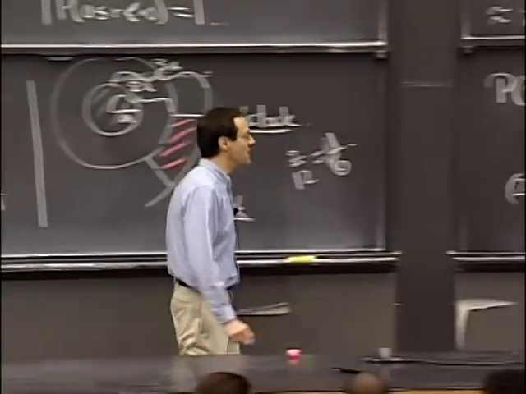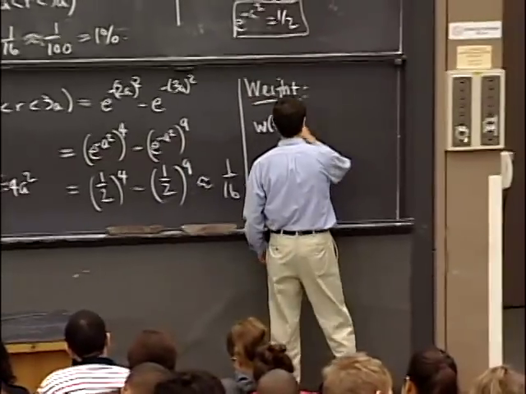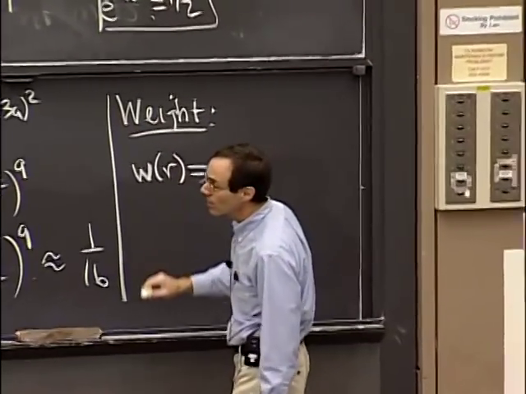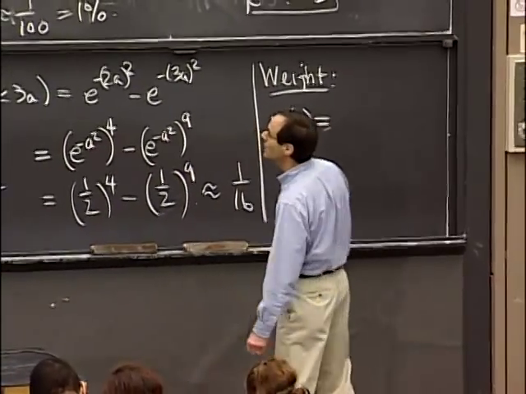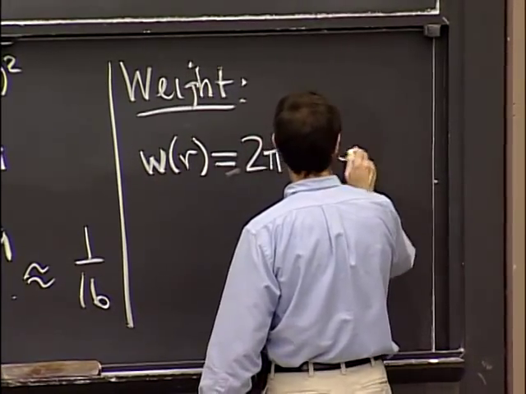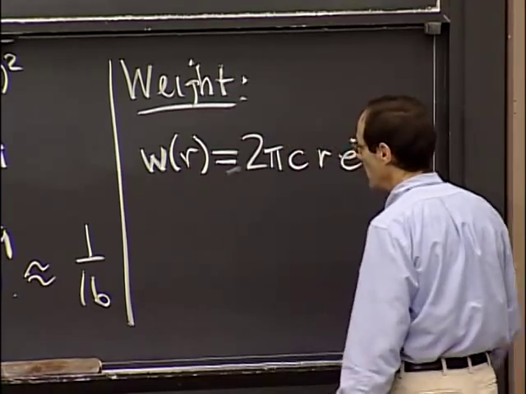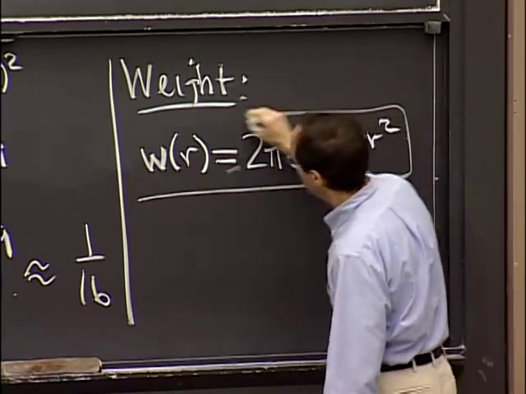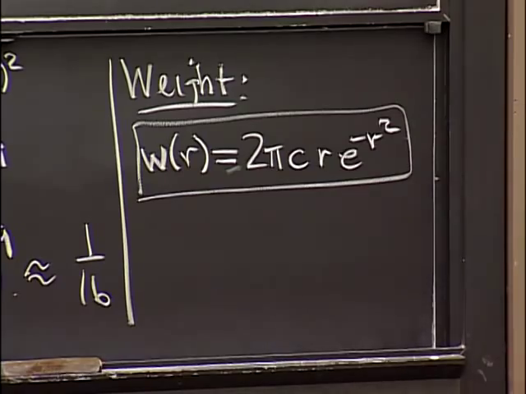And if I include this c, it was really 2 pi c r e to the minus r squared. This was the weight that we were using, the relative importance of things.